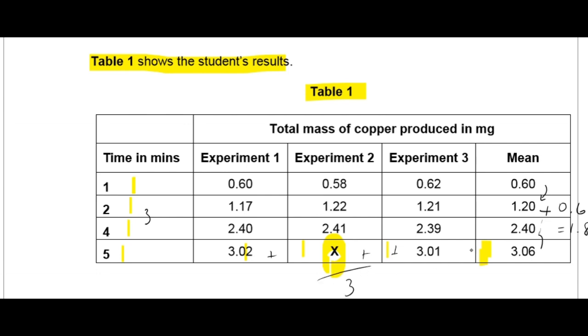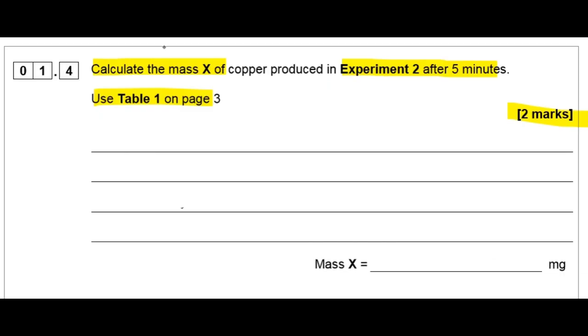Divided by 3 equals 3.06. The answers grid here. So we've got 3.02 plus 3.01 plus x equals 3.06. And I've got to divide that by 3 and find out what x is. So we take the 3 up there and cross it over and multiply it with 3.06.